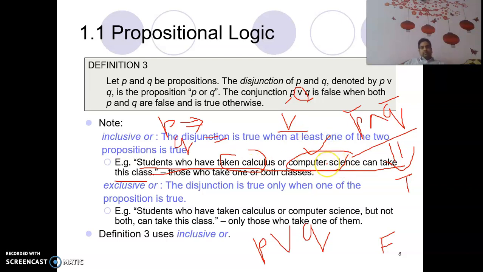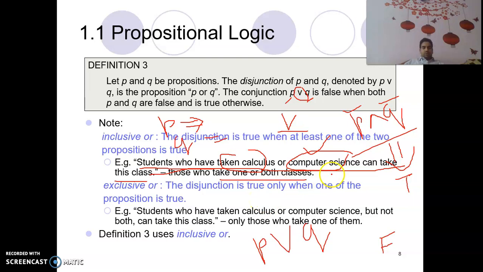If the student has chosen any one of these subjects, then he can attend the class. But if he does not take any of these two subjects, then definitely he will not be allowed in the class.